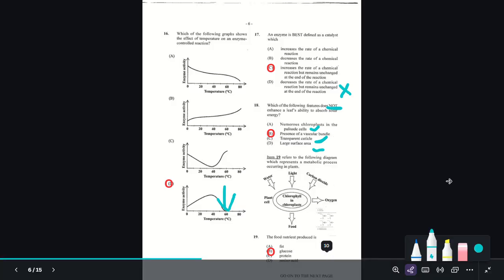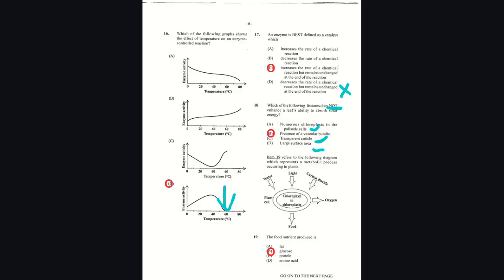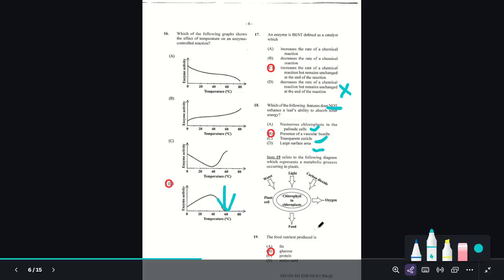Right, item 19 refers to the following diagram, which represents a metabolic process occurring in plants. And the food nutrient produced is, so we're saying water, sunlight.